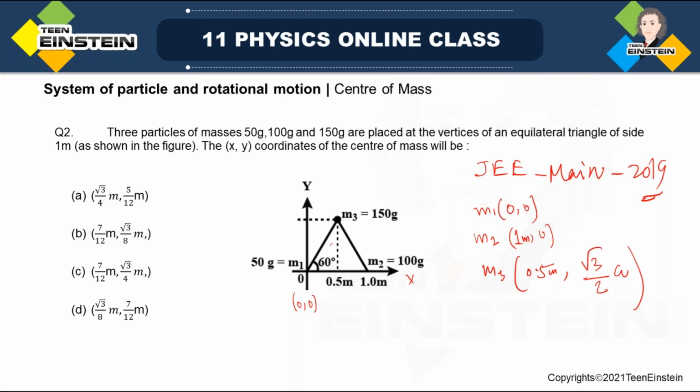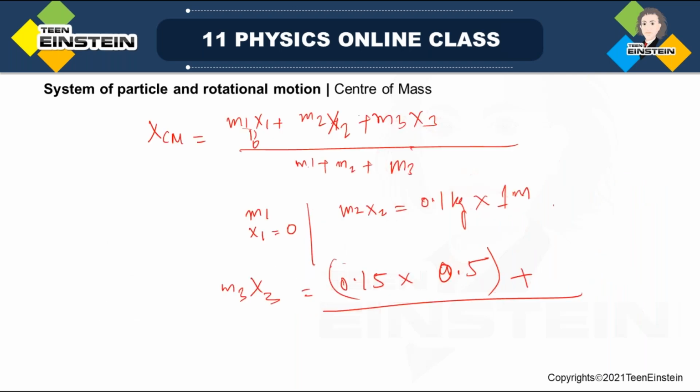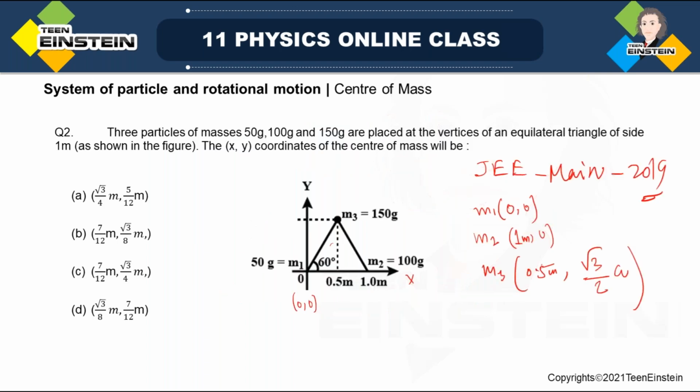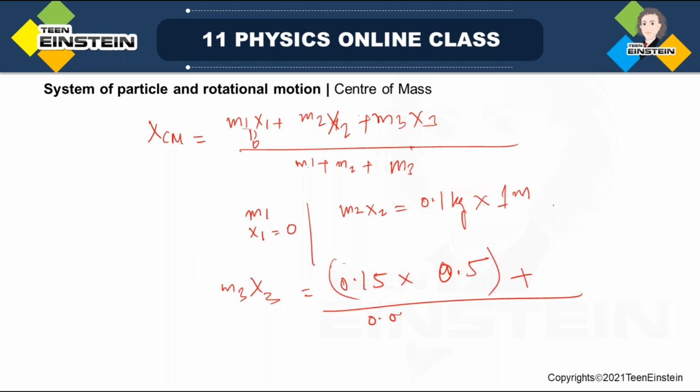So M1 is 50 gram, M2 is 100, and M3 is 150 gram. So the masses are 0.05, 0.1, and 0.15.